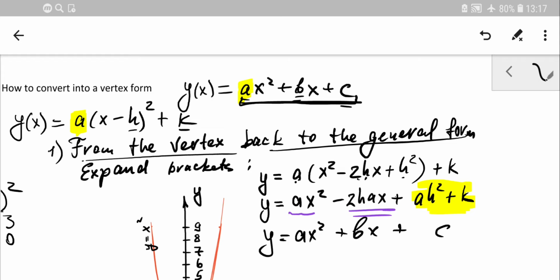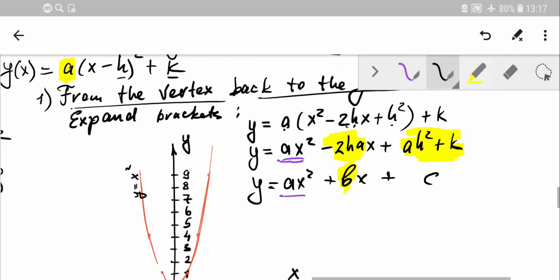And now what we're going to do is make a comparison term by term. So we've got this term, they are the same, so actually this a is this a, obviously. However, for the second term, we've got the following. Negative 2ah is actually b, so we can write that b is simply negative 2ah.